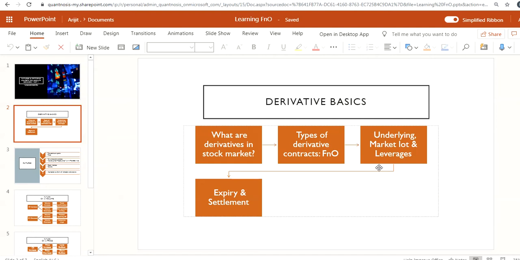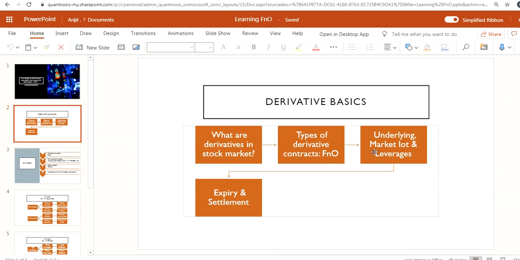In the case of a stock, you will receive the stock in your demat account, or you will be selling your stock from your demat account. In the case of a commodity with physical delivery, you are supposed to take the physical delivery. If it's an oil contract, you are buying a barrel of oil and getting delivery of a barrel of oil. So that's physical settlement and cash settlement.